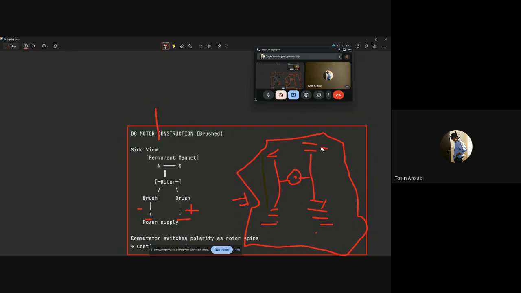Now if we turn on 2 and 3, we get the opposite polarity, but this time it moves counterclockwise, that's backward. Sorry, mind my rubbish handwriting. So we have clockwise and we have counterclockwise.